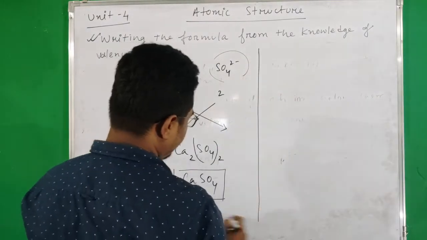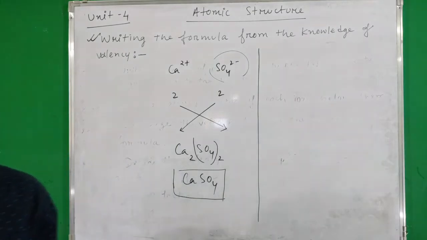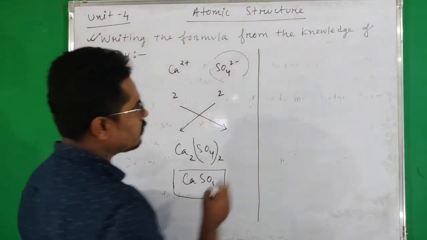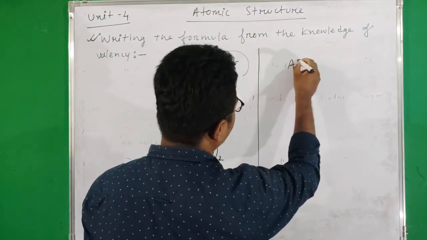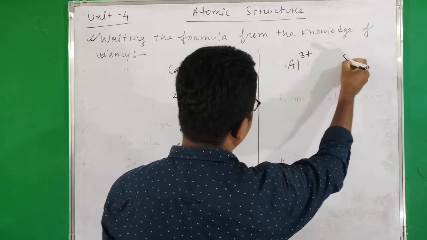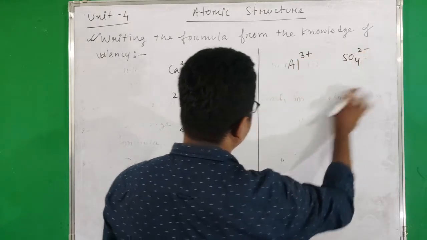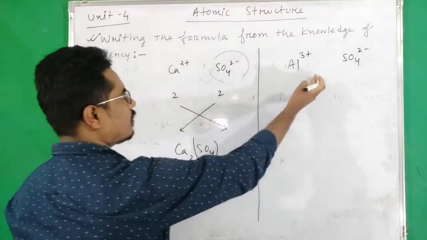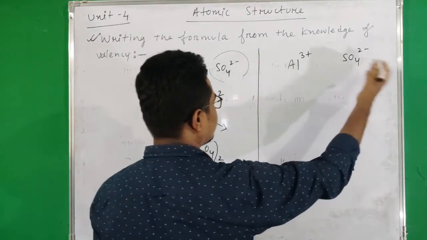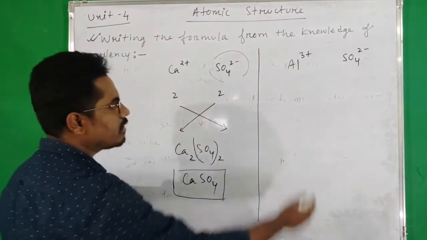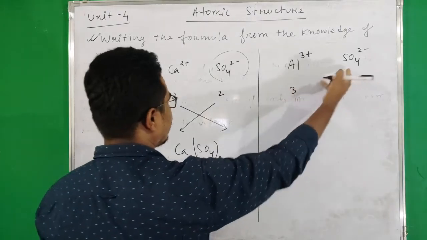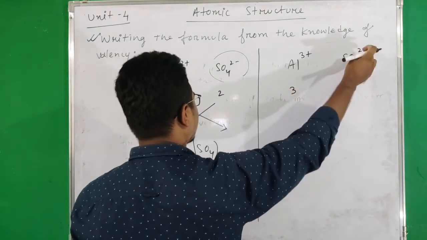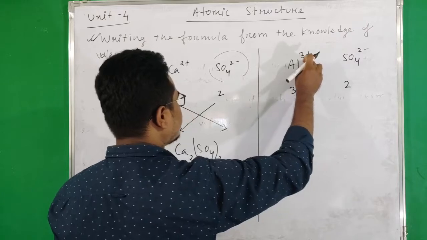Let's take another example. Suppose we are going to write the formula of the compound formed by Al3+ and SO4 2-. Positive on left side, negative on right side. Here the valency number is 3. Here the valency number is 2. Because 2 negative, here 3 positive.